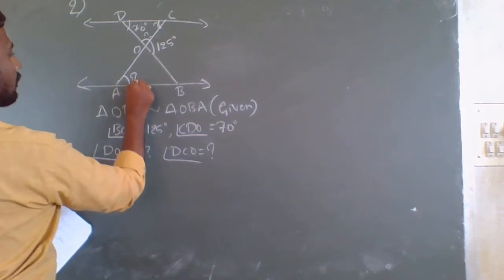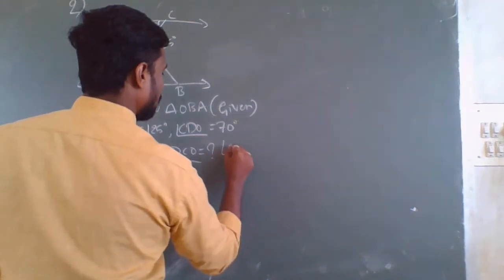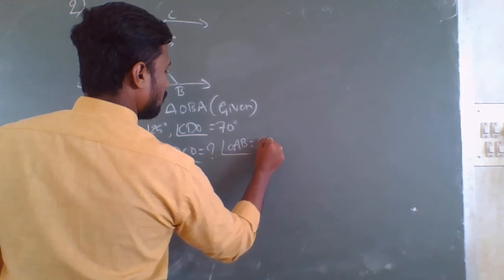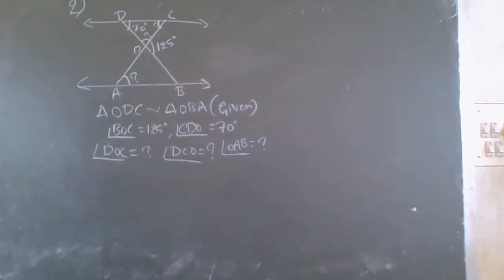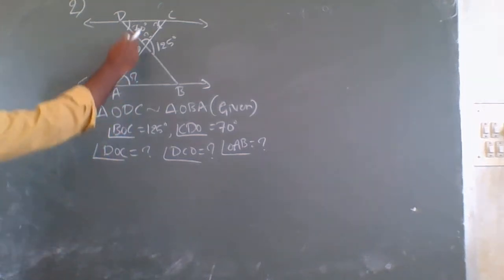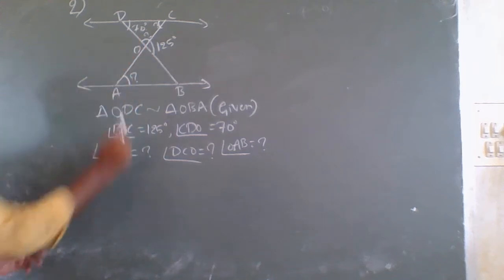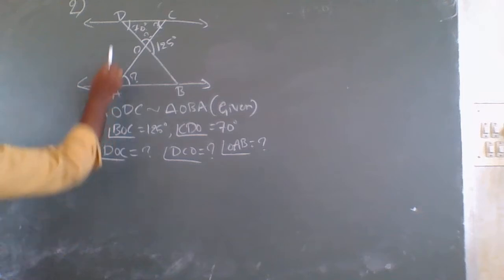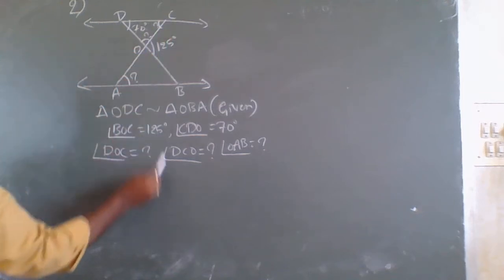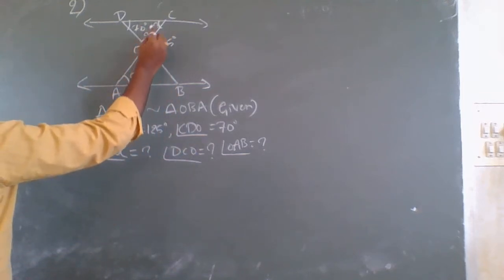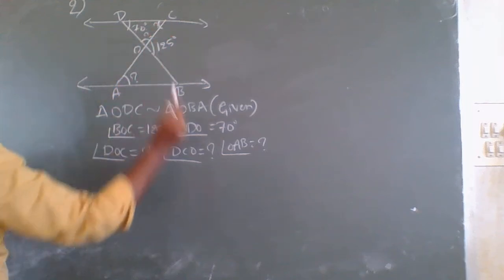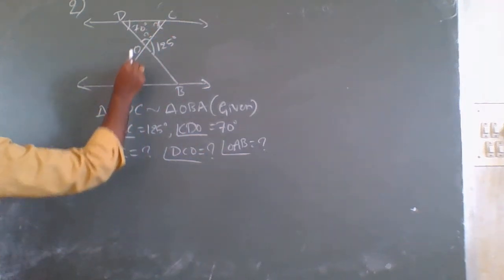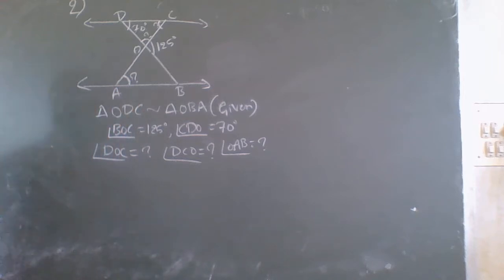OAB means this angle. So what is given here is that these two triangles are similar, and this is 125 degree, this is 70 degree. We have to find these three angles: DOC, DCO, and OAB.